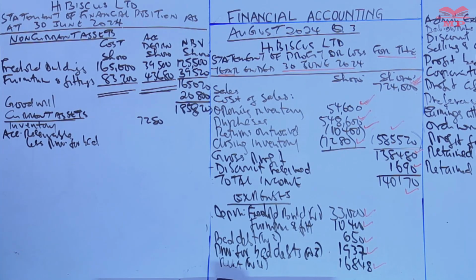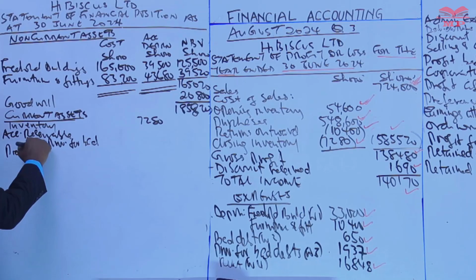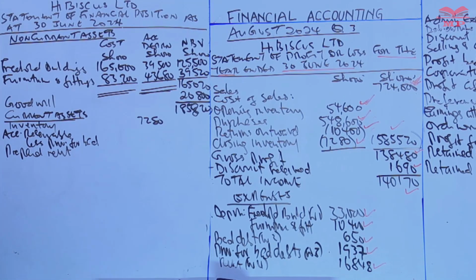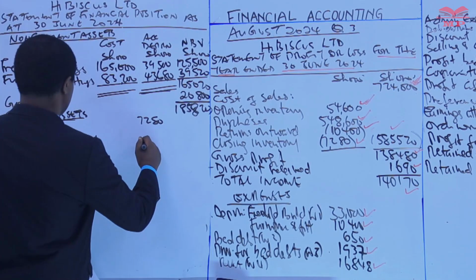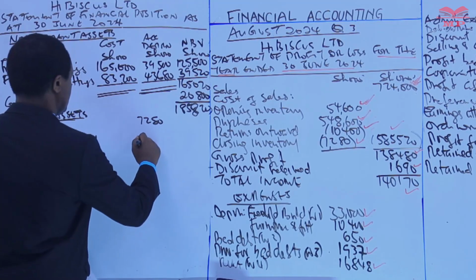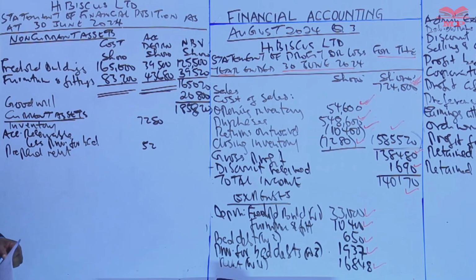Not the one in the trial balance, but the one we had a working for here. Prepaid rent is an asset. Prepaid rent from note number 4 is 52.